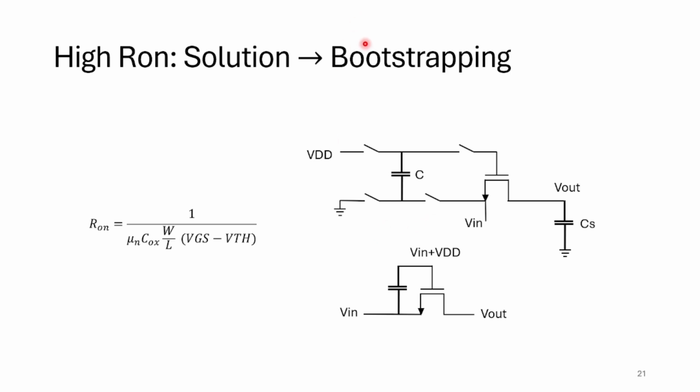So one way is to use bootstrapping. In this case, you charge a capacitor to VDD, turn off the switches, and put the VDD on this part. So you always have a very large gate-source voltage on your transistors.